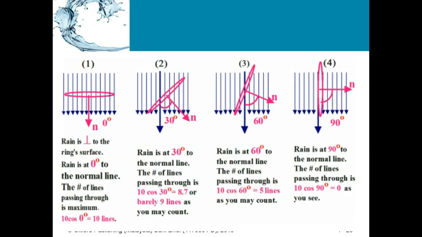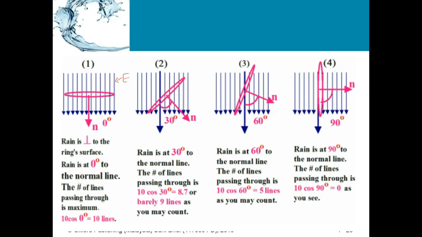Okay, let's proceed here. So let's first explain the different orientations of our surface or our normal line. The first orientation is this. The blue lines here are actually our electric field. This circle here is our surface.